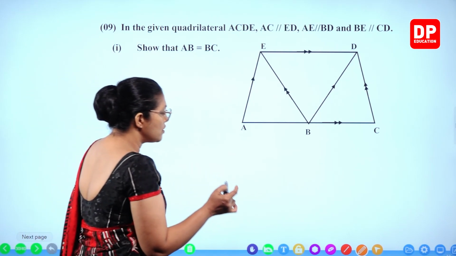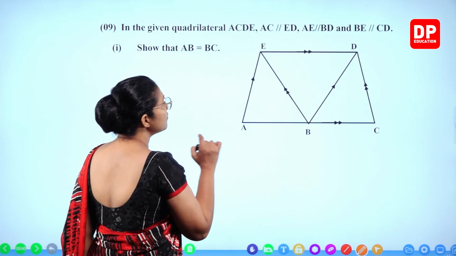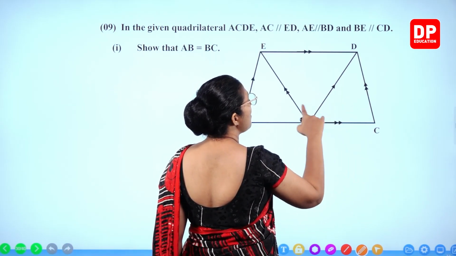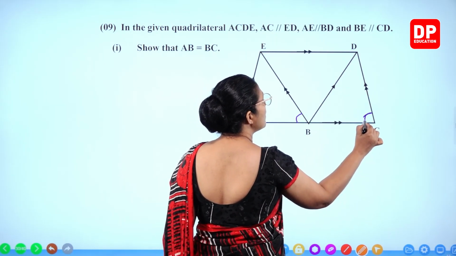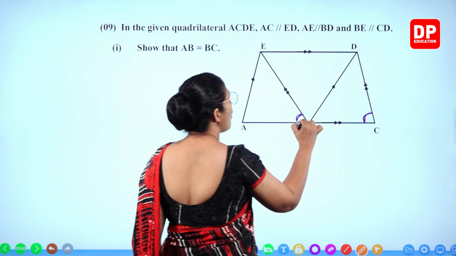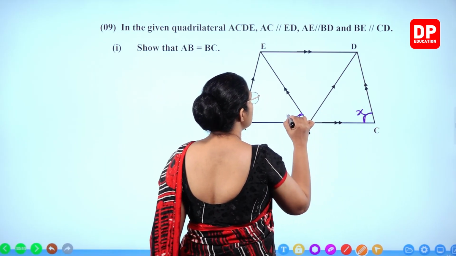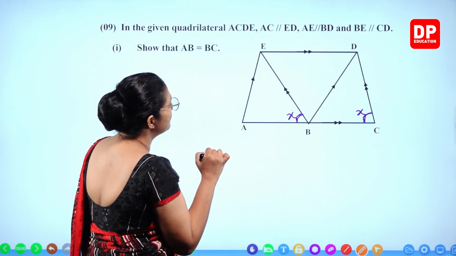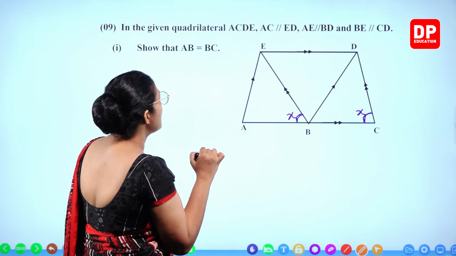So we can use the angles and see. If these two lines are parallel, this angle and this angle both are equal. That's corresponding angle. So we can mark this. This is X. This is also X. Corresponding angles. Then what can you say?